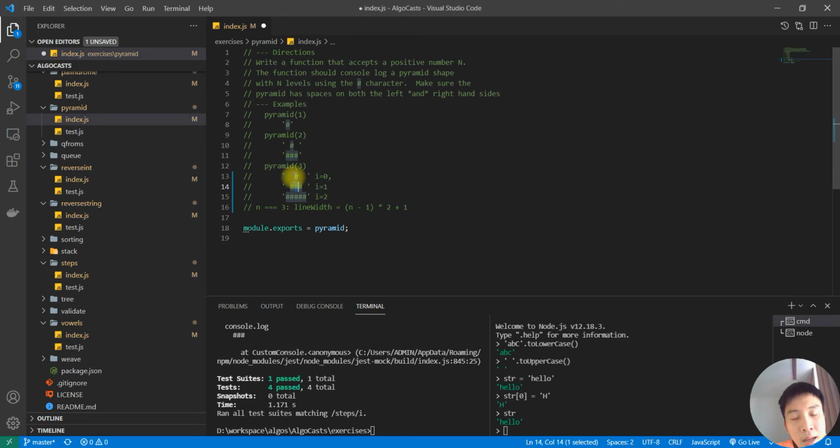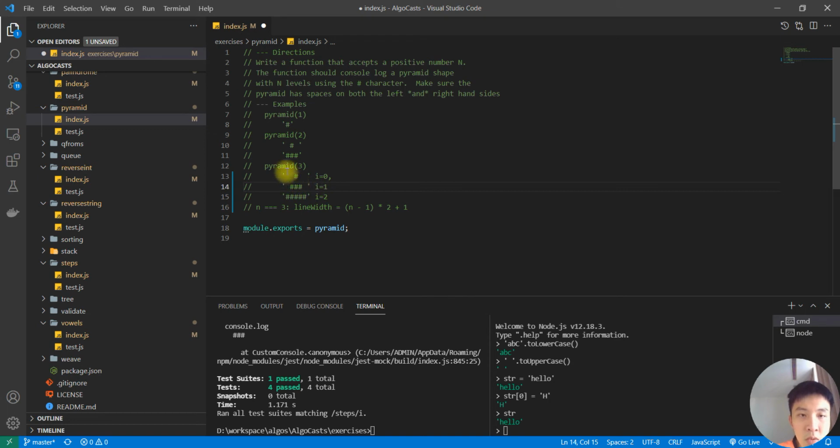When we know the middle index, we can expand left and right depending on what line it is to calculate the index range.